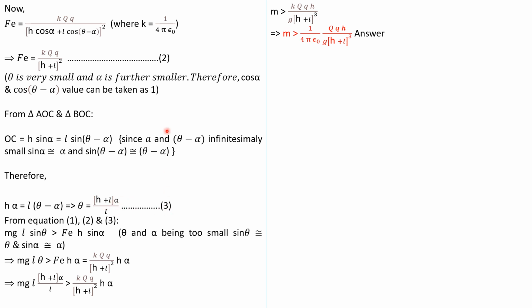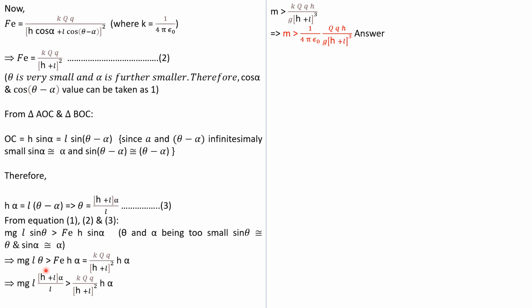Now from equations 1, 2 and 3, we will put all the values. Sine theta, again theta is very small, so we can replace sine theta with theta radians. Fe into h sine alpha is further small, so we can replace sine alpha by alpha.